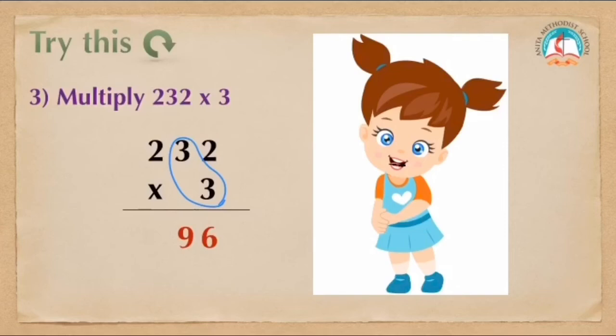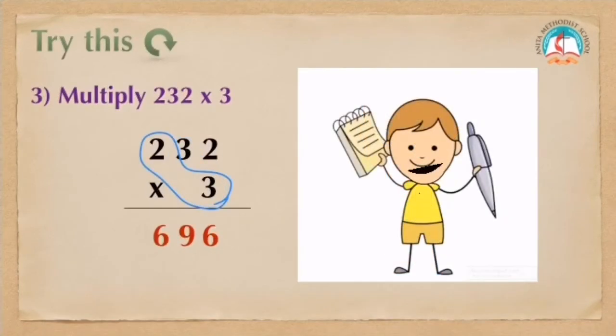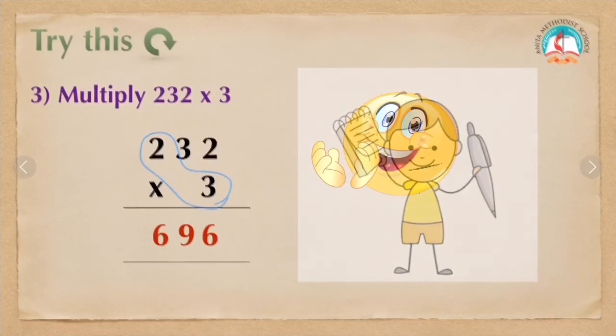So we can write 9 under the tens column. And finally, we need to multiply the hundreds with the 1-digit number and write the answer in the hundreds column. That is 2 times 3 equals 6. So we can write 6 under the hundreds column. So here our answer comes out to be 696.